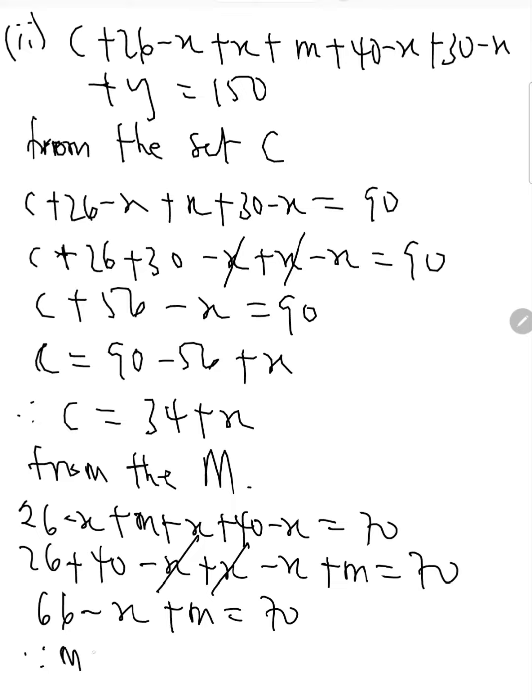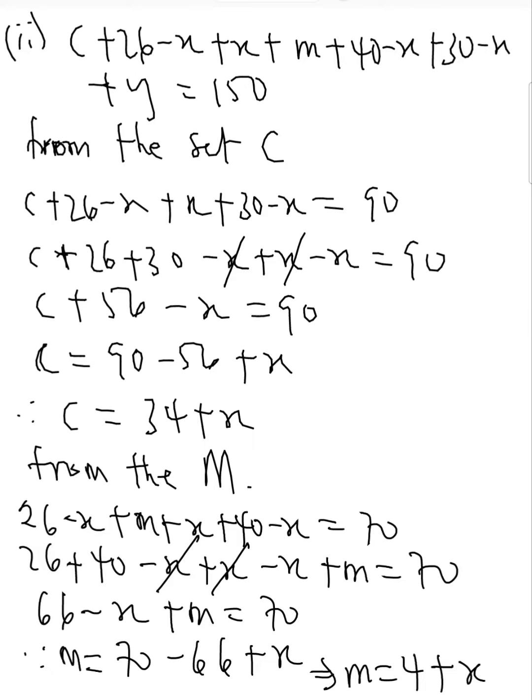So m is equal to 70 minus 66 plus x, which will give us m is equal to 4 plus x.